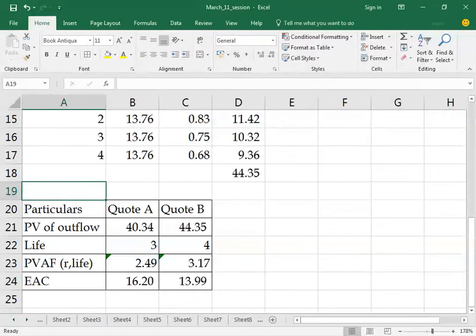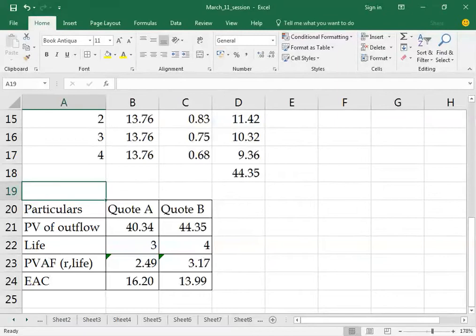Your conclusion will be based on lower EAC. Can we proceed?